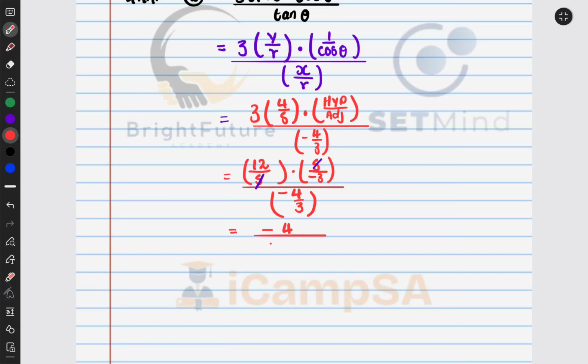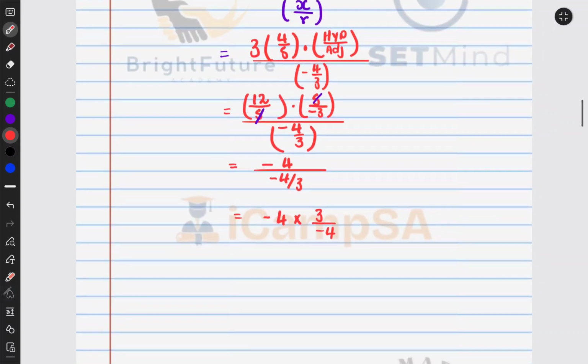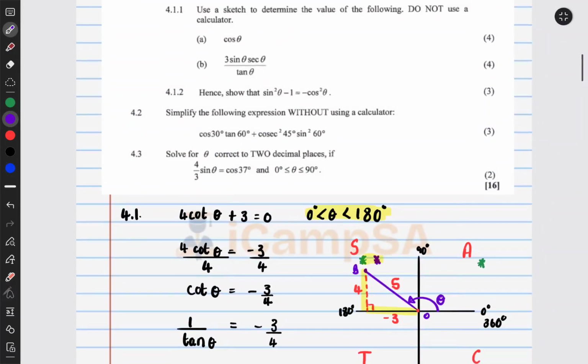Then -4 divided by -4 over 3 will be equal to -4 multiplied by 3 over -4. When we change the division sign to a multiplication, the -4 and the -4 will cancel. Therefore, we'll be left with 3, and that is our answer here. Okay, and that was 4.1.1b.